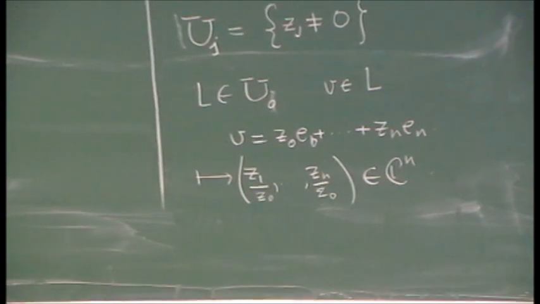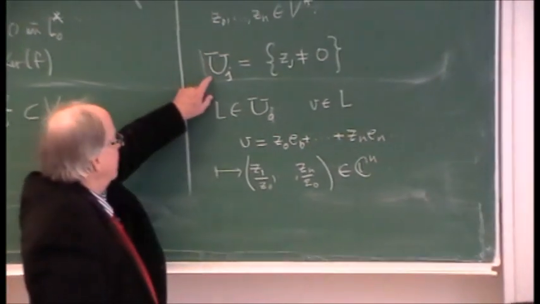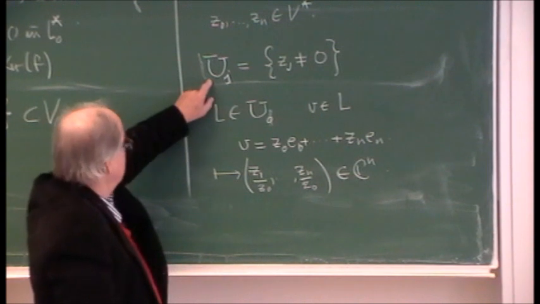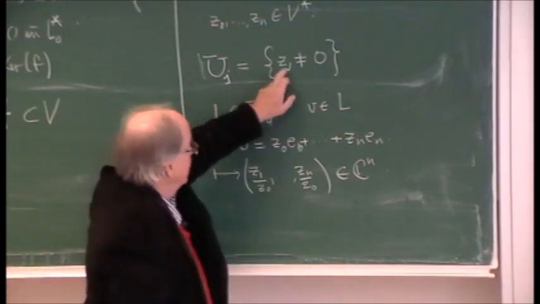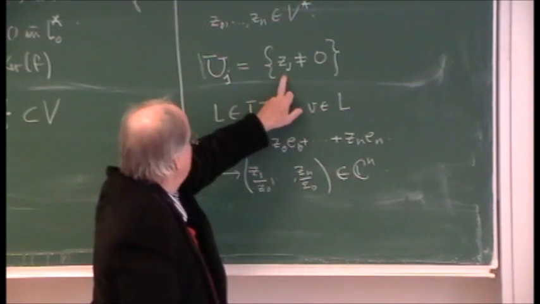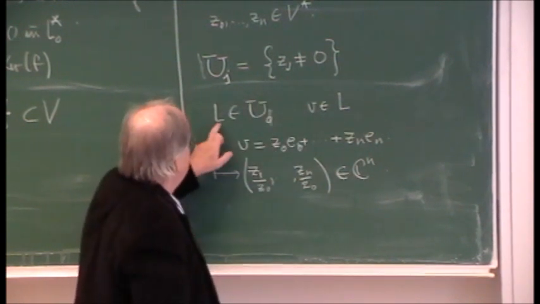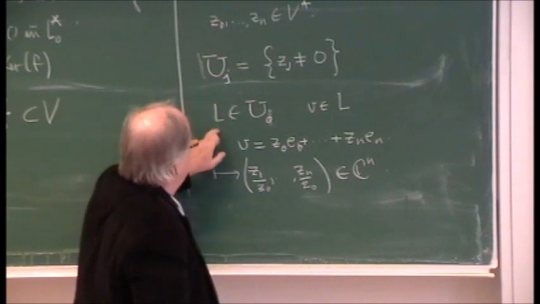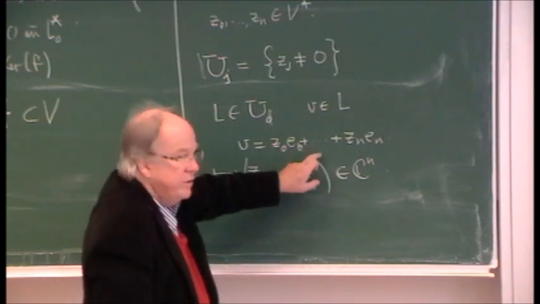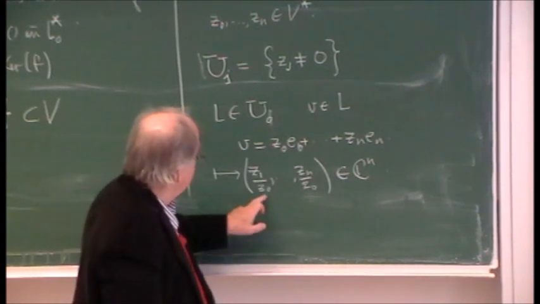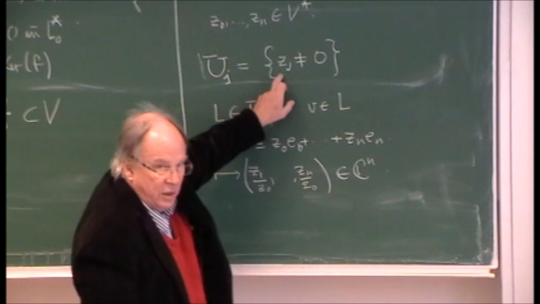Again, take a bunch of open sets, complementary to something like that, where these linear functionals don't vanish. I take a line in here, and take a vector in that line. I can do all of this. This is all legal because I said z0 doesn't vanish.